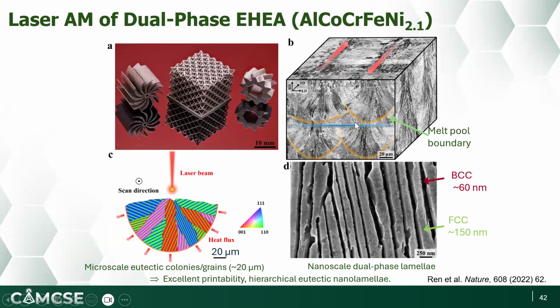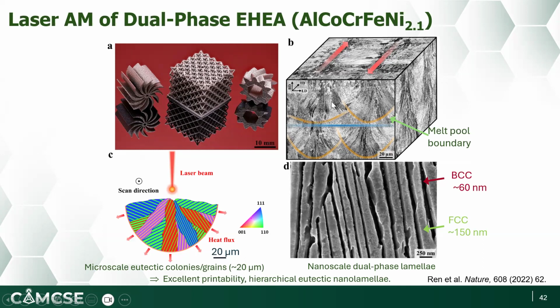Now let's look at the laser additive manufactured eutectic high-entropy alloy of the same composition. This alloy exhibits excellent printability. You can print it into complex geometries such as lattice structures and some gears.